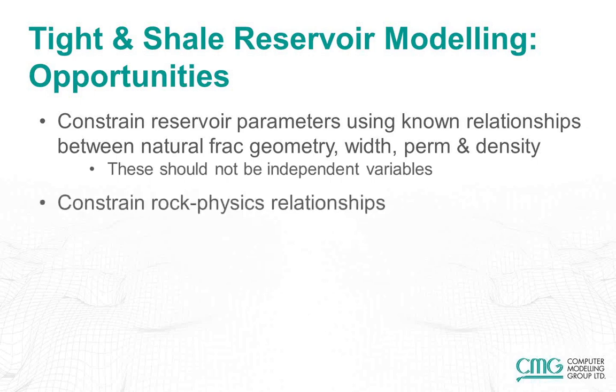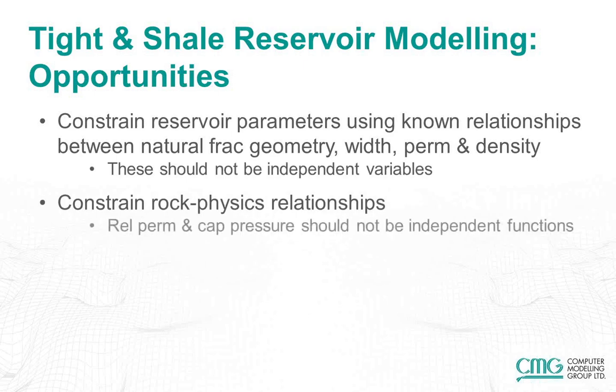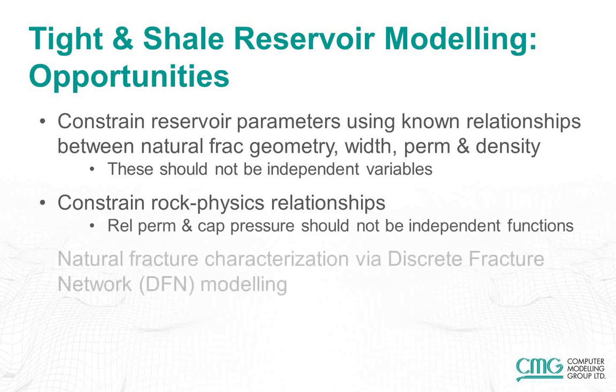As well, we can also constrain rock physics relationships, where things such as relative permeability and capillary pressure are definitely related functions. And we can also better characterize our natural fracture network using discrete fracture network modeling.